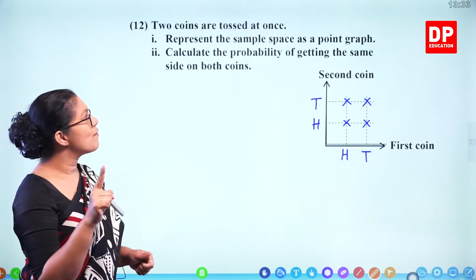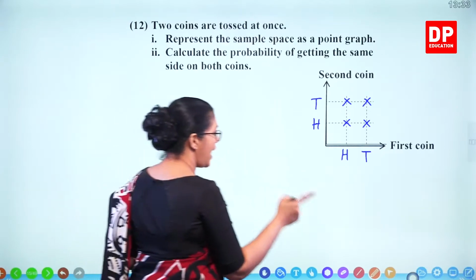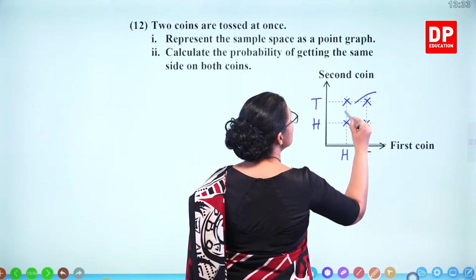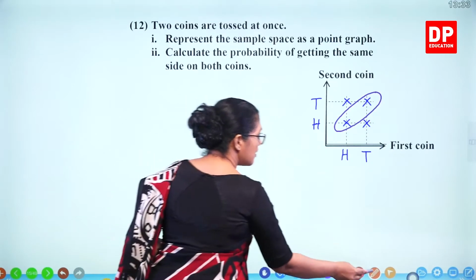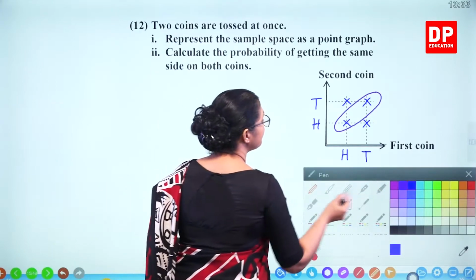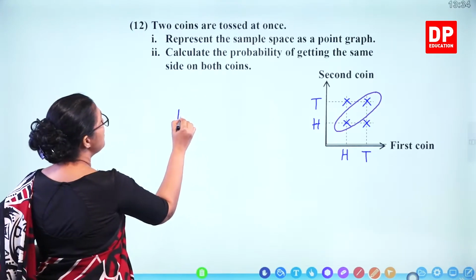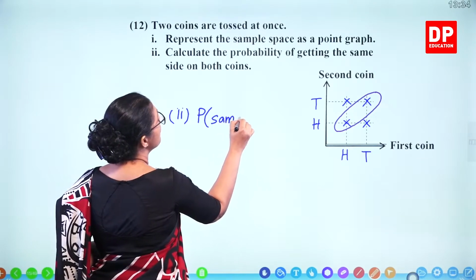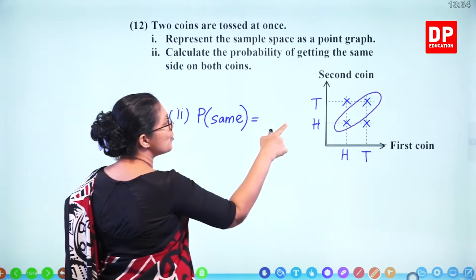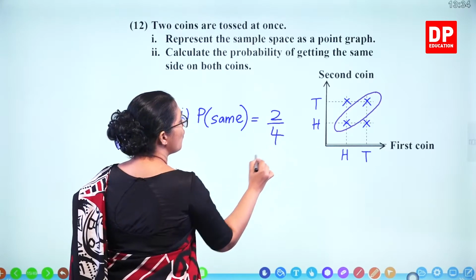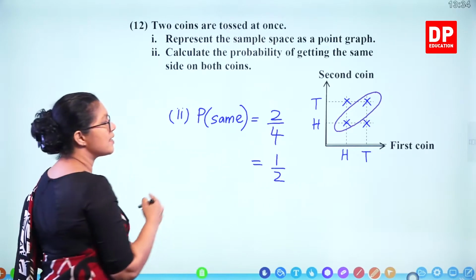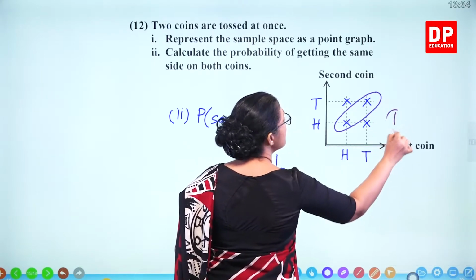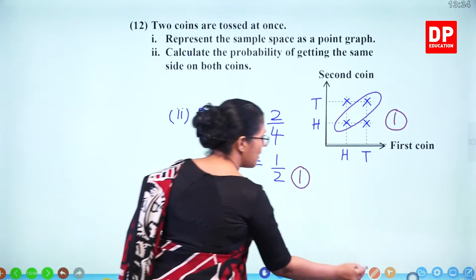Calculate the probability of getting the same side: head-head or tail-tail. So the probability of getting the same is 2 outcomes out of 4. When you simplify, you get a half. So 1 mark for the sample space diagram and 1 mark for the value.